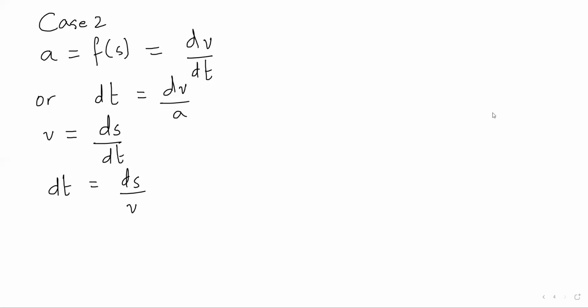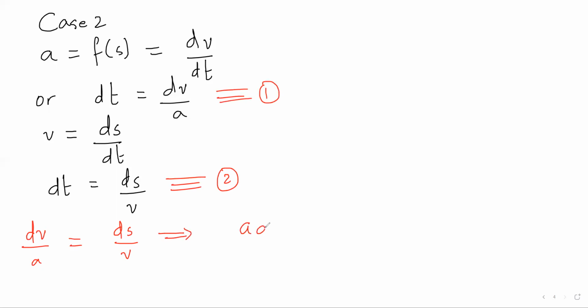So now all you have to do is, this is your 1, this is your 2. So you compare them and you have dv by a equal to ds by v. So you will have a ds equal to v dv. If you have acceleration as a function of position, this fellow will come to our rescue.